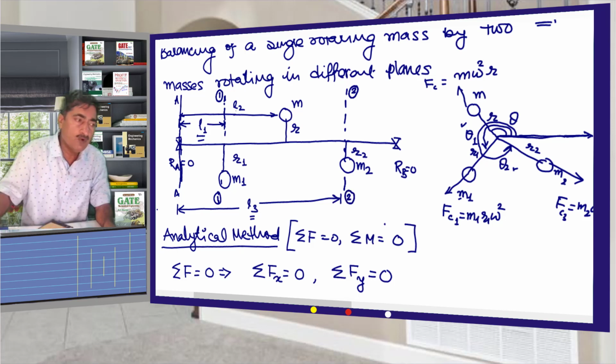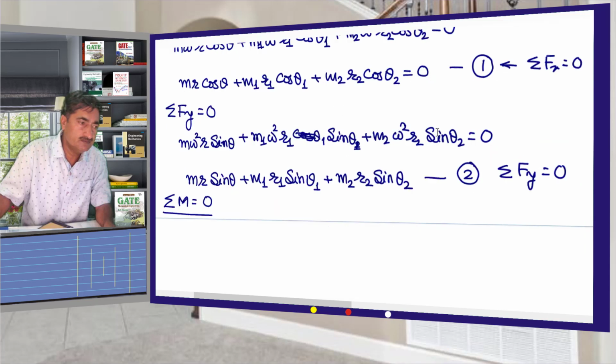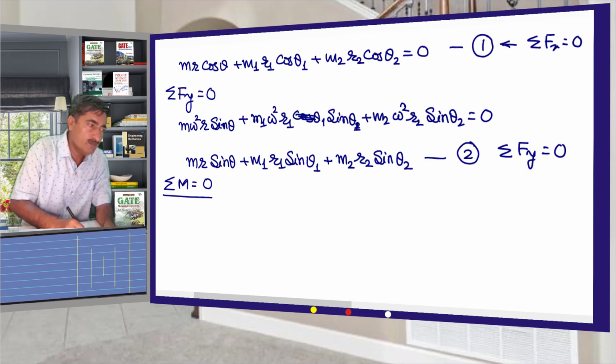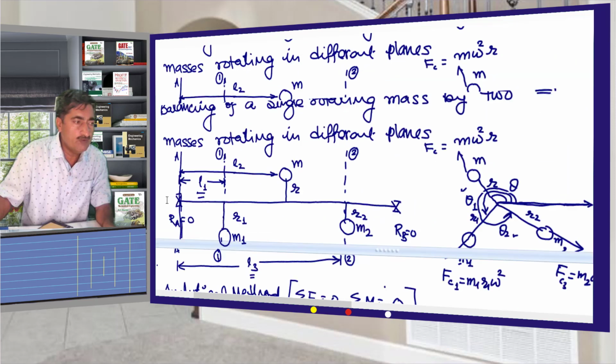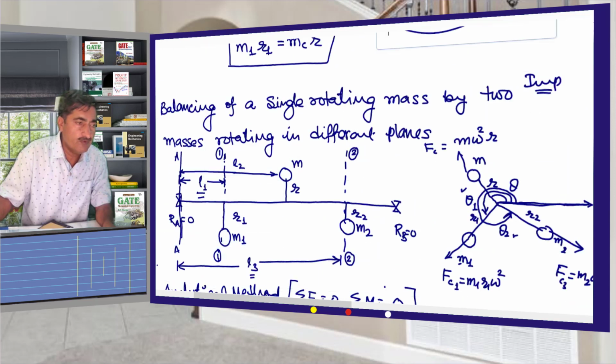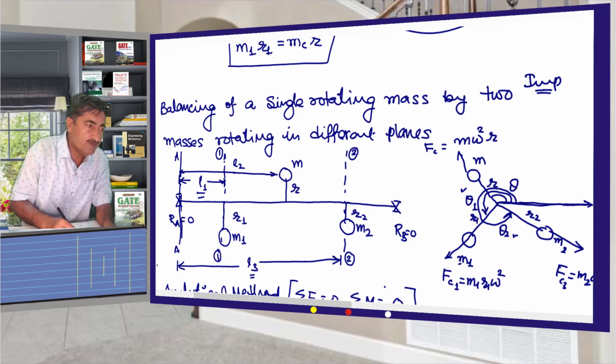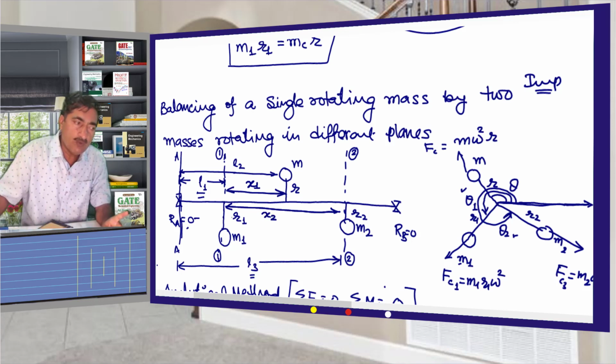If we take the moment about 1, first we calculate this distance. Suppose this is x1, suppose this is x2. Now moment about 1.